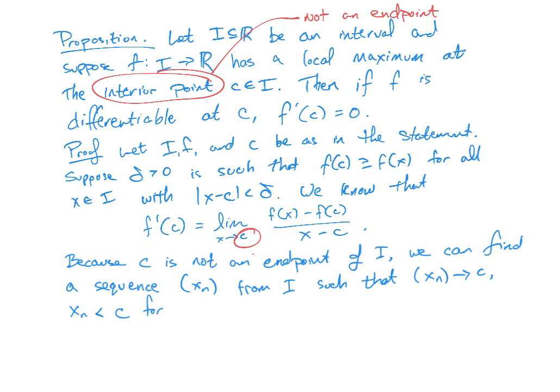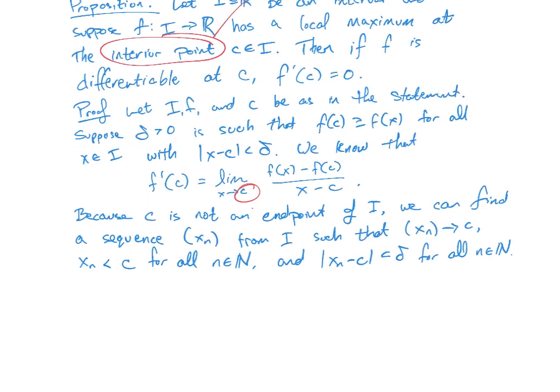Okay, that's for all n. And finally, we want them to all be within distance delta of c.